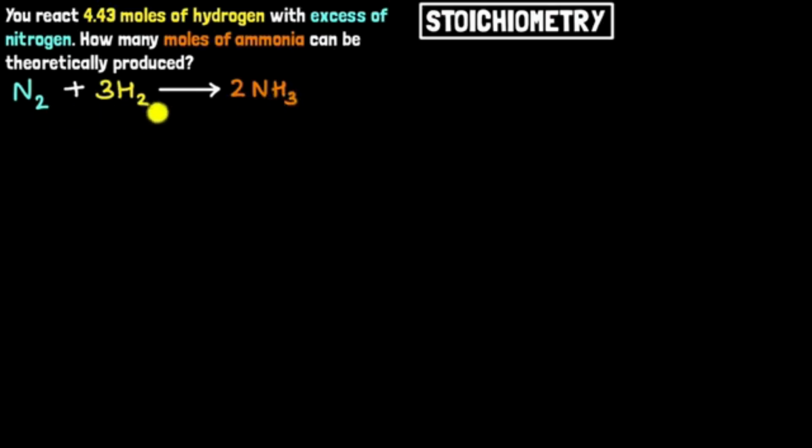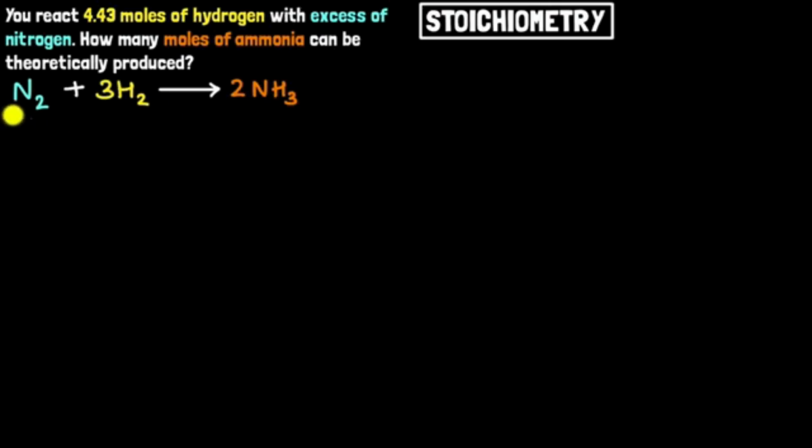Next, let's see what this balanced equation is telling us. It's telling us that 1 molecule of nitrogen will react with 3 molecules of hydrogen to give 2 molecules of ammonia. But it's also saying that if I had 1 dozen molecules of nitrogen, well, then it will react with 3 dozen molecules of hydrogen to give me 2 dozen molecules of ammonia. Makes sense, right?